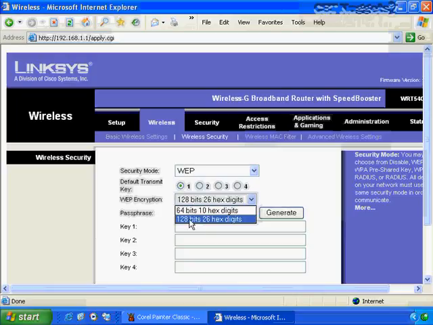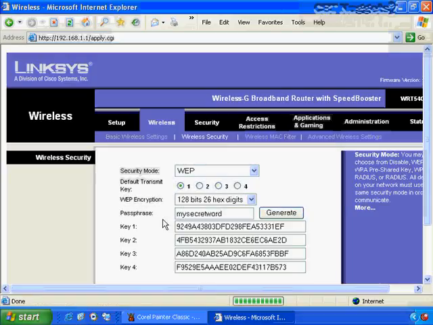Same thing is true with this one. 24 bits here are also used for other information. It's not really quite that long, mathematically speaking, but what you'll do then is you'll enter in a passphrase here, my secret word or whatever, and you generate it based upon the RC4 algorithm, and it generates certain keys that you can use in this. And then anybody with any one of these 4 keys will be able to connect to this wireless access point.